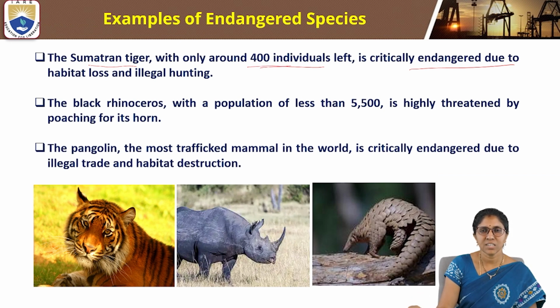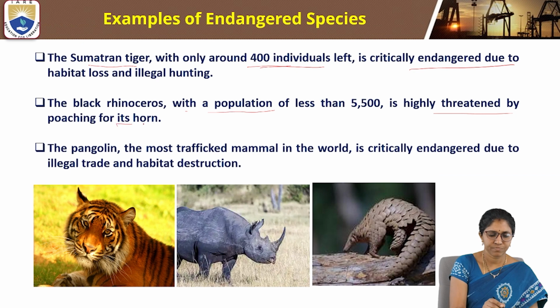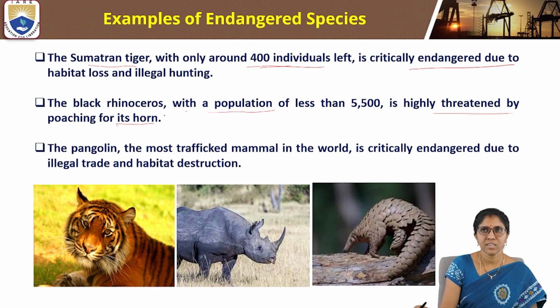It is critically endangered due to habitat loss as well as illegal hunting. The black rhinoceros, with a population of less than 5,500, is highly threatened by poaching for its horn.